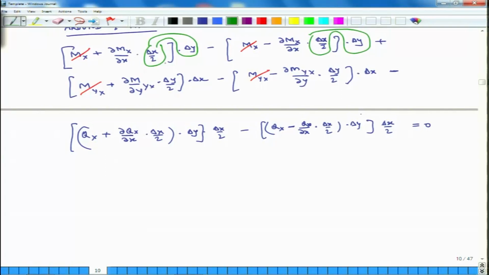If you add up the first two rows, what you get is del mx over del x plus del mxy over del y times delta x delta y.